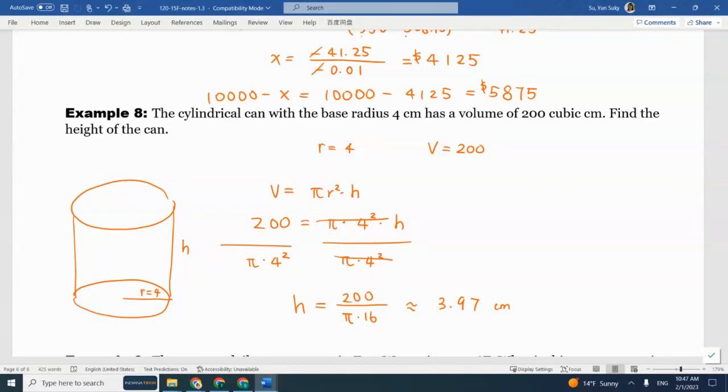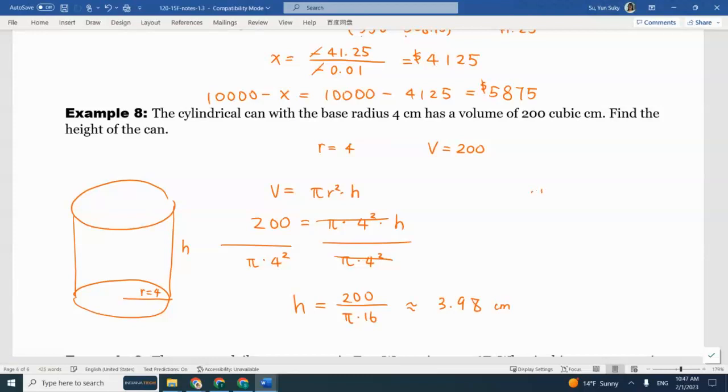Okay, good. What's your next digit? 3.97 and 8? If your next digit is greater than or equal to 5, what do we do? Round up, yes.